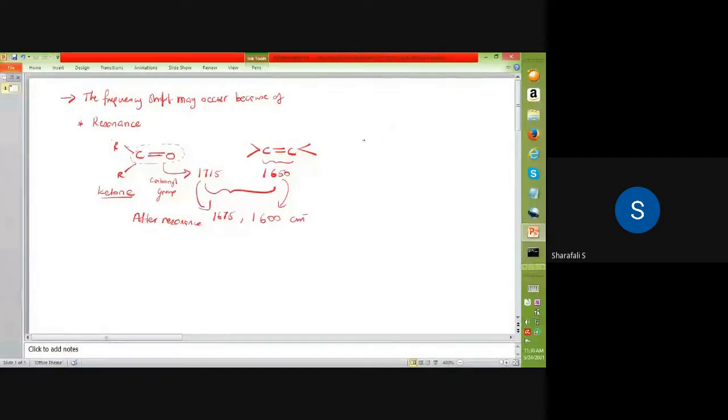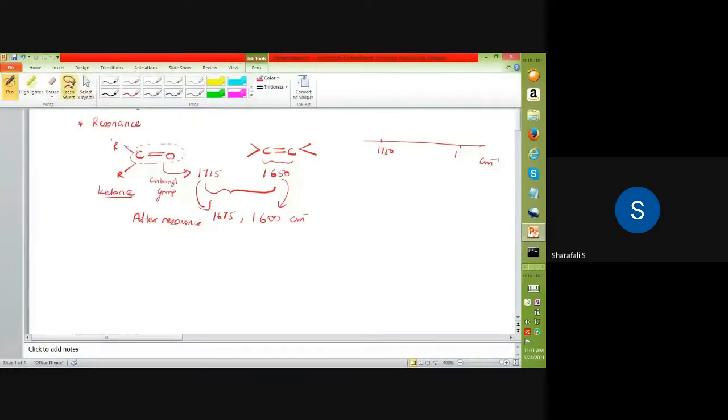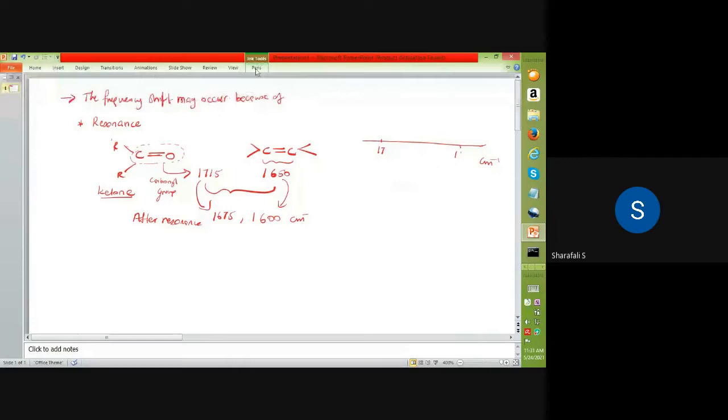So we are talking about the IR spectra, in centimeter inverse. In the IR spectra, we have the position for this carbonyl group at 1750, and the C double bond C somewhere around 1650.